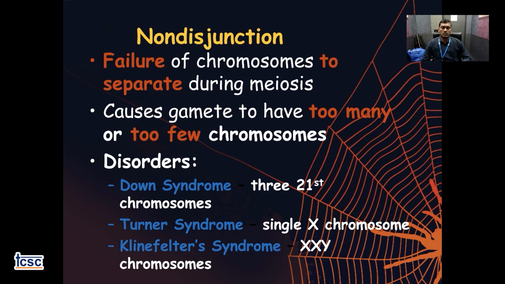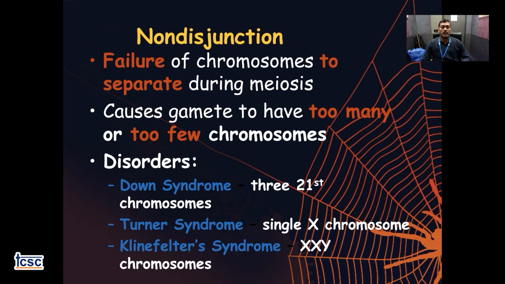Turner syndrome occurs in the female. It means instead of XX, after non-disjunction, there will be X0. At the time of gamete separation, non-disjunction happens, and that is why instead of XX, there will be X0 chromosomes, which mostly happens in the female. That is called Turner syndrome.